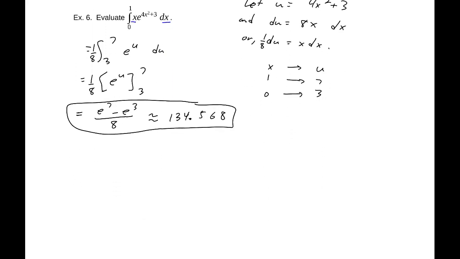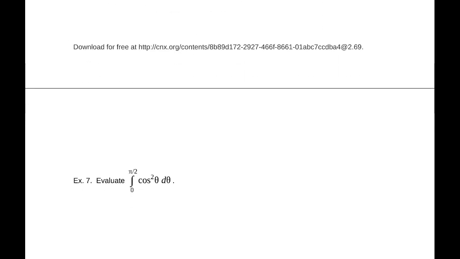Alright, one last example with this. This one has a small trick that turns out to be very handy later on in calculus. Evaluate the integral from 0 to pi over 2 of cosine squared theta d theta. Alright, there is a trig identity, and this is what comes in handy.